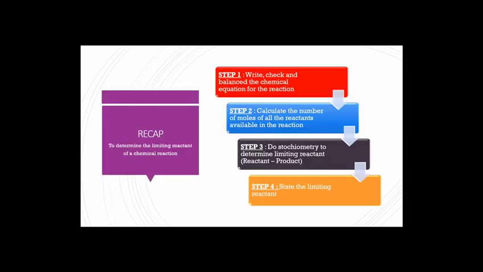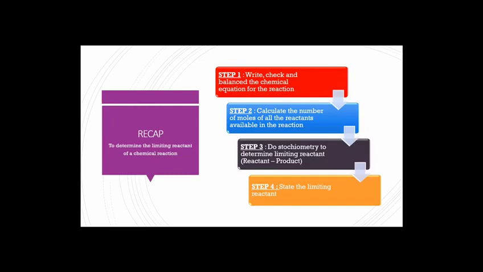Okay, so let's recap the steps that you need to follow and remember every time you are given a limiting reactant question. First step, you always need to check your chemical equation. It must be balanced before you proceed to the calculation part.